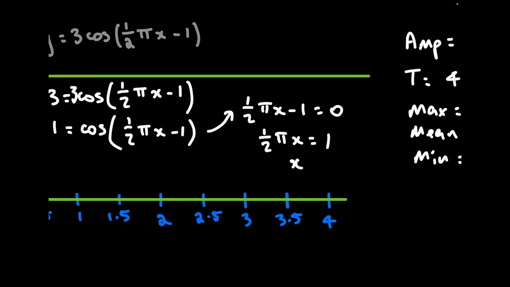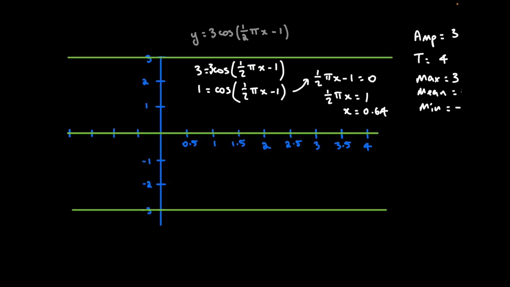And then we can say x would be simply equal to 2 divided by pi. And if you're wondering what the value of 2 divided by pi is, it's roughly equal to 0.64. Okay, so now let us draw where we have 0.64. 0.64 will be roughly over here.